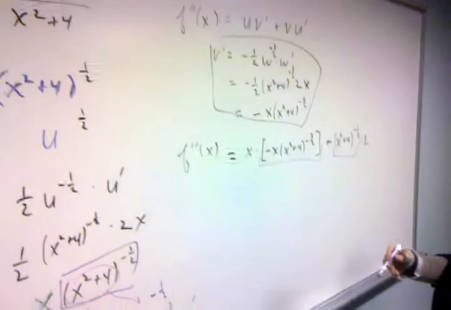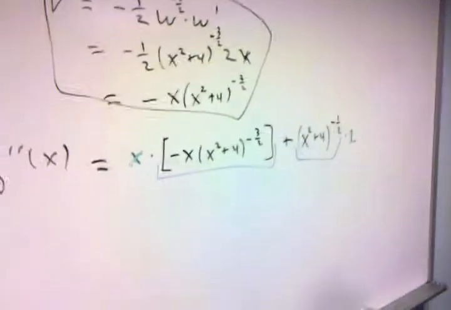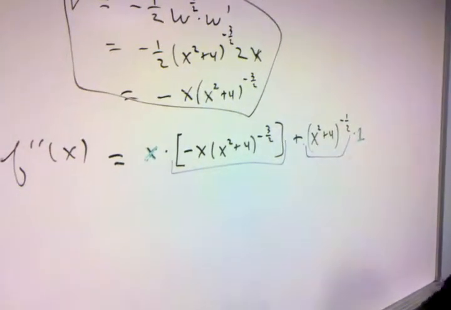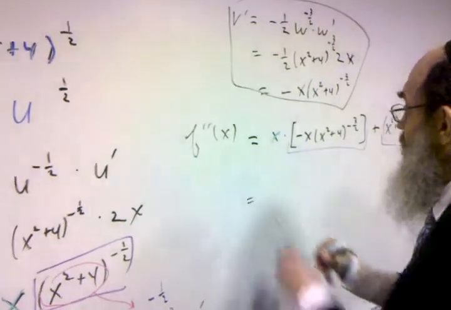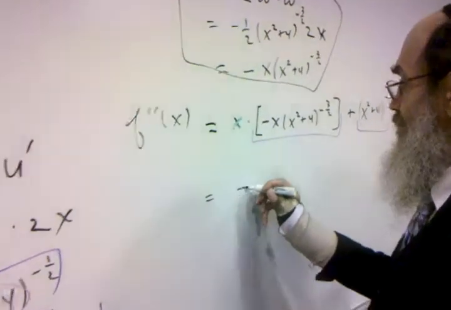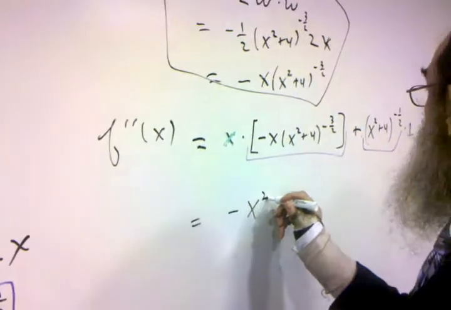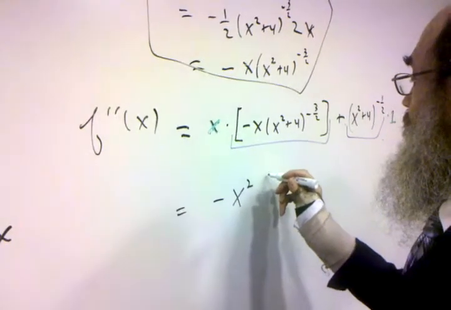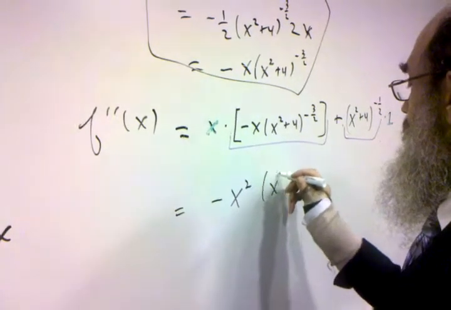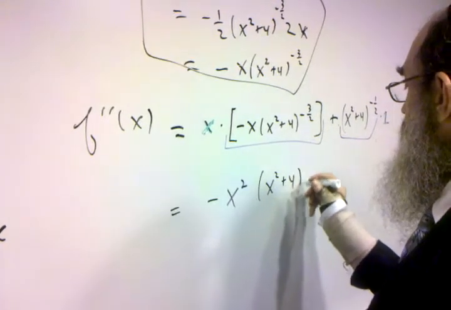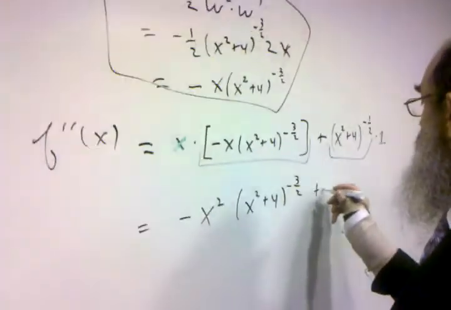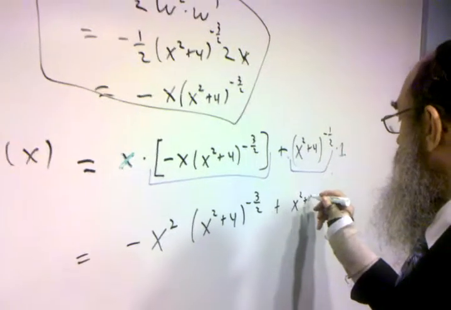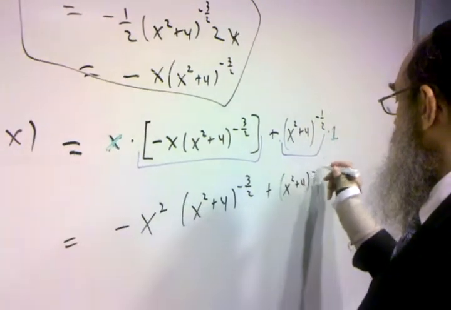Now we're going to simplify. Before we do anything else, let's simplify. I'll do it all in black. X times negative x is negative x squared. Then I have here x squared plus 4 to the minus 3 halves. And I have here plus x squared plus 4 to the negative 1 half.